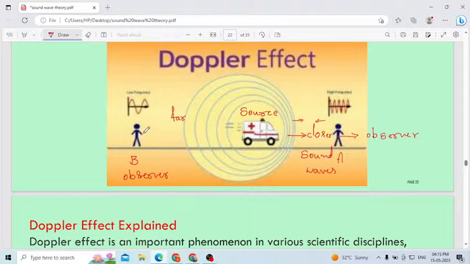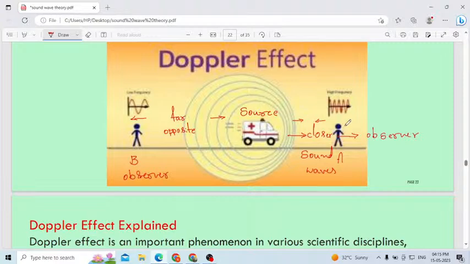If the person is moving far from the source, or the source is moving away, in opposite directions, the intensity of the sound, the pitch of the sound, the sound waves will be far from each other. That is nothing but the Doppler effect. These are the two important cases you have to remember.